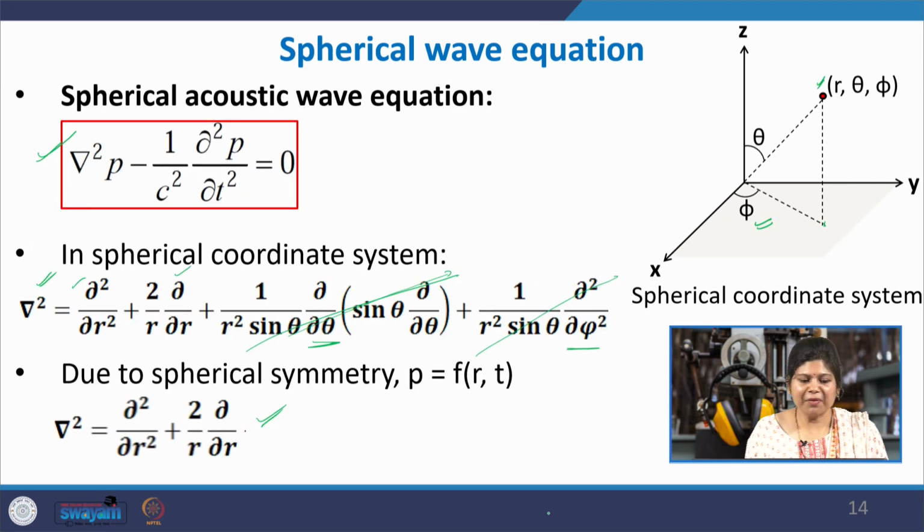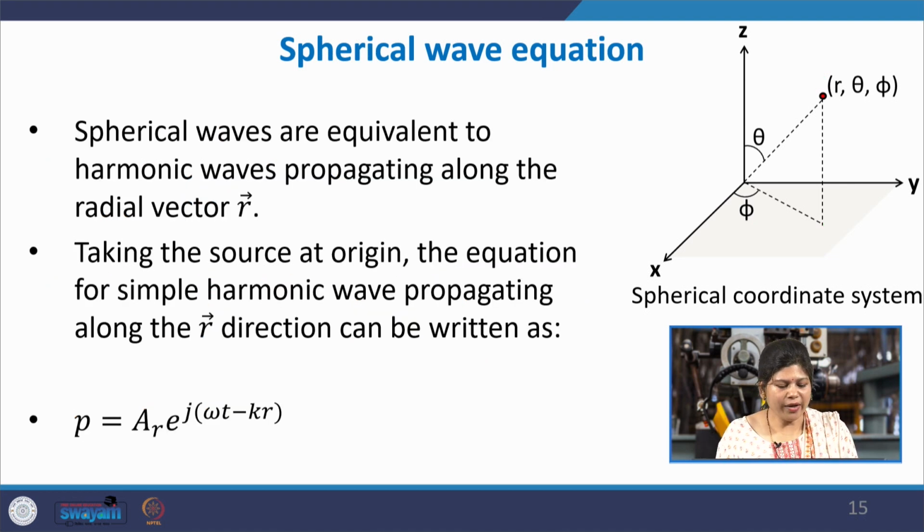Okay. So, as I said, they behave like some kind of sinusoidal waves that are propagating along the radial direction. So why not we start with and represent the pressure in the form of a harmonic wave. I told you in the very beginning when we were studying harmonic plane waves, why we study them: once we know this basic solution, we can solve complex waveforms as a superposition of harmonic waves. So here also we will begin with the solution as a harmonic plane wave.